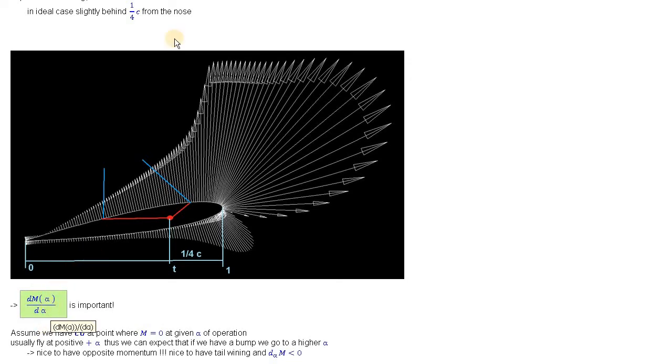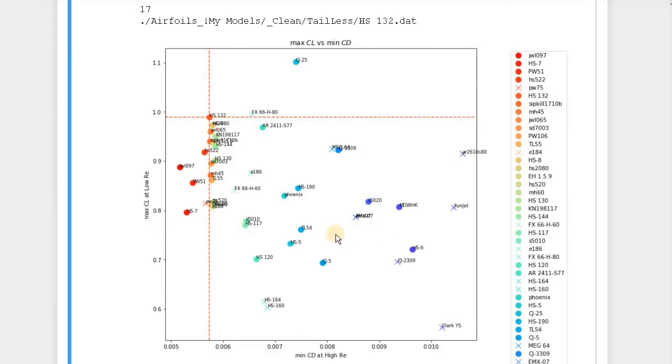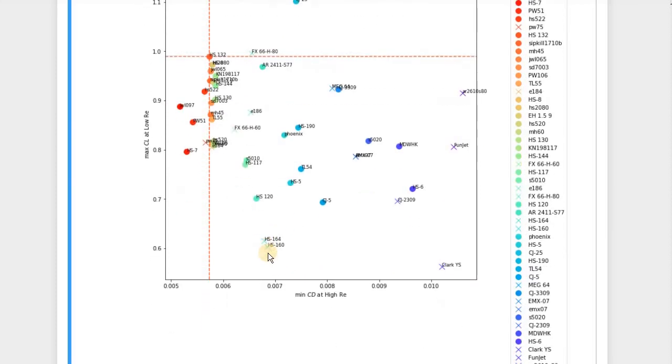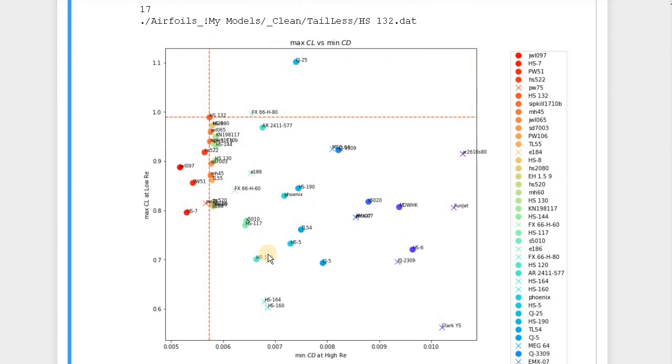Okay, let's go to the previous results. I obtained in the previous section, where I tested different airfoils, a simulation. I got this graph. Those airfoils are designed for tailless wing airplanes, and we expect them to have a negative change of momentum with respect to the alpha. We see those things on this graph.